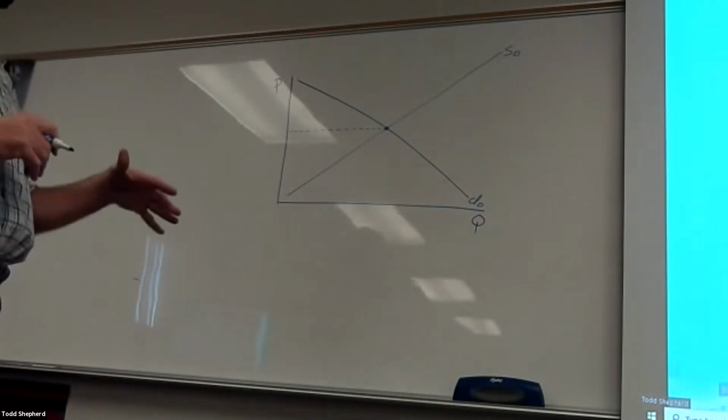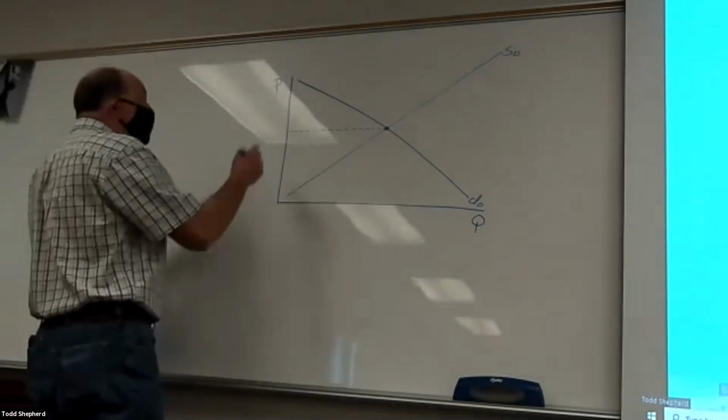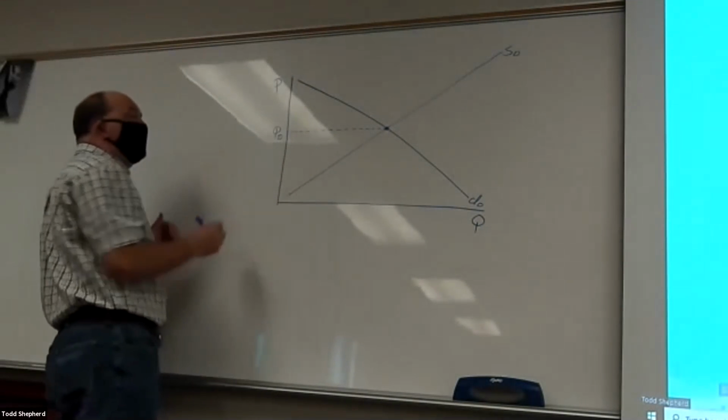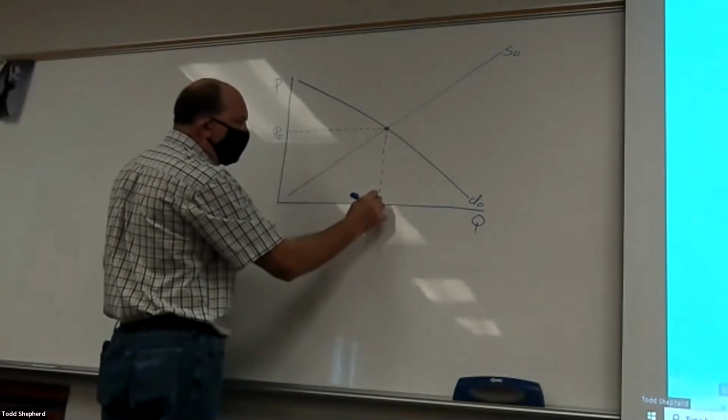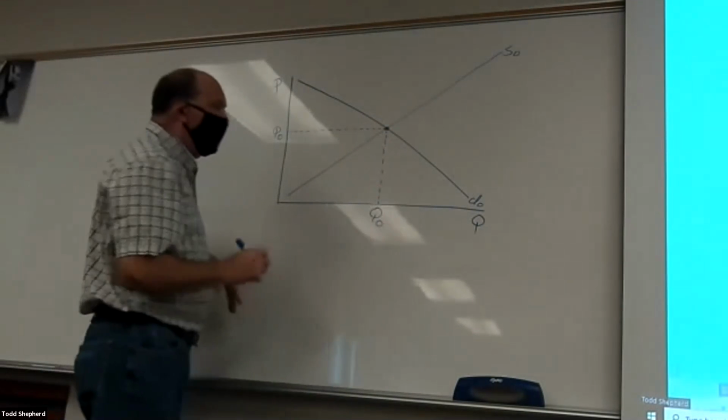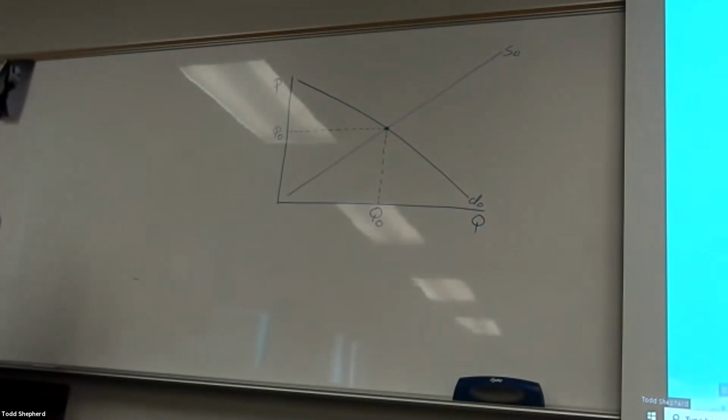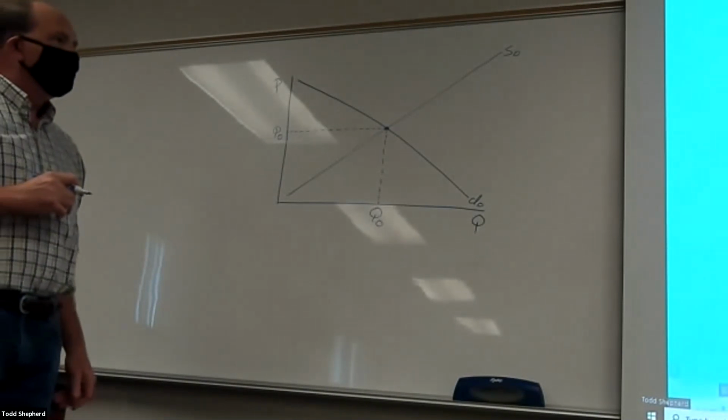Does it go up or does it go down? All right, so just mark it with a P naught that will denote your equilibrium. And then mark this with a Q naught, denoting your equilibrium quantity. And at that stage of the ball game, that is always the analysis that you should start with.